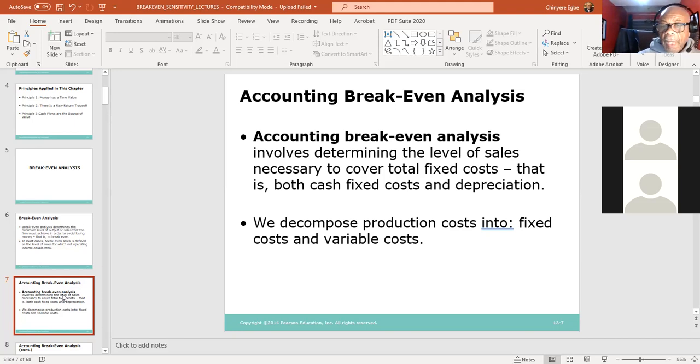If you rent space, say, for a retail establishment to sell goods, let us say you rent the space for $1,000 a month. So $1,000 is your fixed cost.